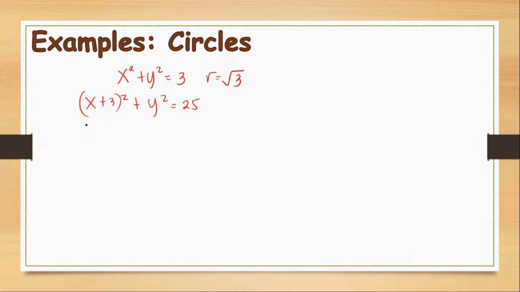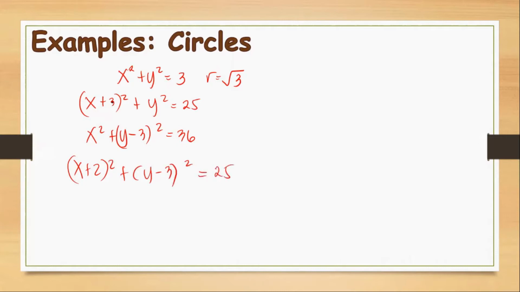We can also have this format, x squared plus (y minus 3) quantity squared equals 36. We can also have (x plus 2) quantity squared plus (y minus 3) quantity squared equals 25. Those can be the examples of the equations of the circle.